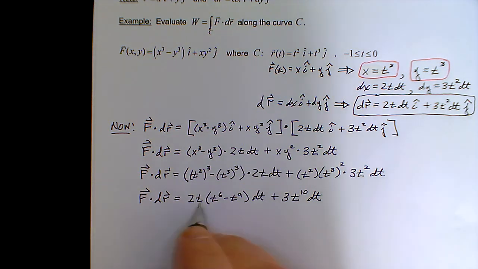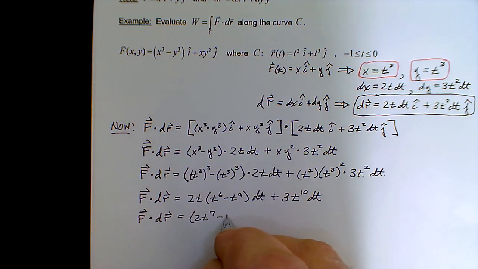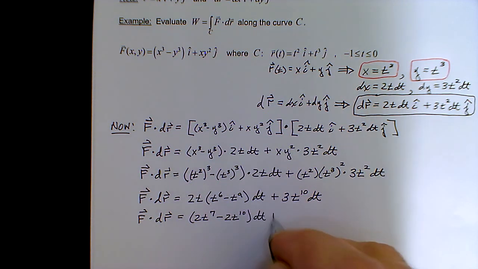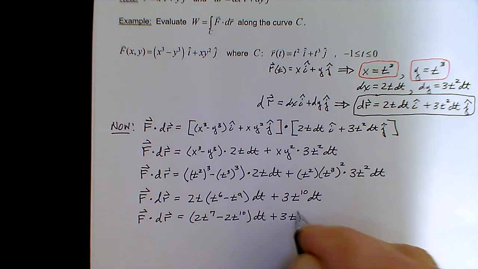And now let's distribute that 2t. You can do your algebra any way you want. I guess I'm taking a lot of steps here. But we get 2t to the 7th minus 2t to the 10th times dt, and then plus 3t to the 10th times dt.